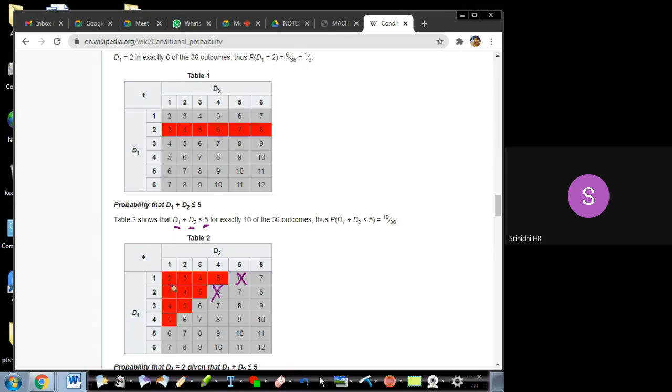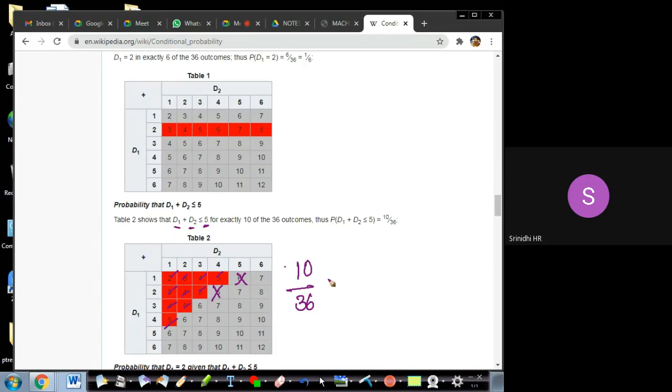What is the total number of outcomes? The red blocks which you are observing here: 1, 2, 3, 4, 5, 6, 7, 8, 9, 10. So 10 possible outcomes out of the total number of possibilities within these two dice, which is 36.